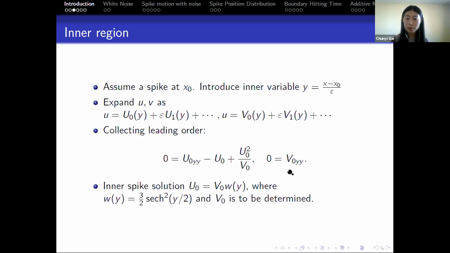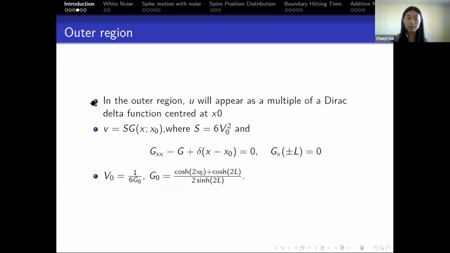With normal boundary conditions, we get V0 is a constant that is to be determined, and U0 is solved as V0 times this sech squared function. To determine the value of V0, we match the inner with the outer region. We solve the V equation in the outer region, where we can approximate the term that contains U squared over epsilon as a multiple of delta functions.